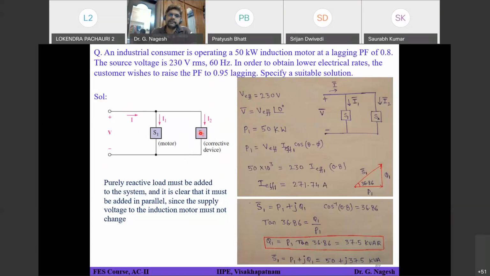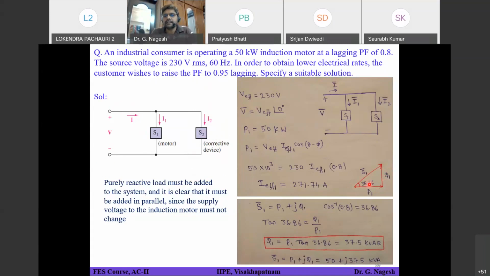Right. So in that scenario, what could be the total reactive power for both the loads? Same thing you have to do, same power triangle you have to apply. Your phase angle you have changed because it is 0.95 lagging now, so you will get a new value of theta.